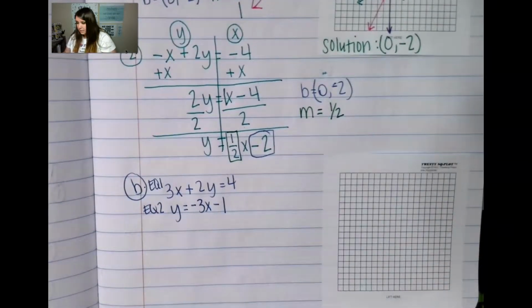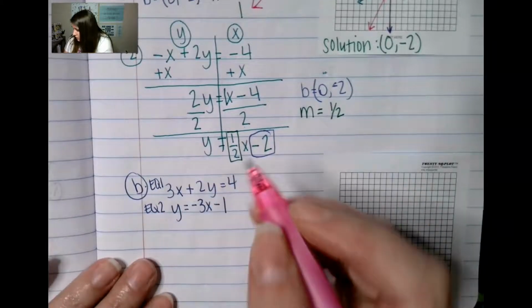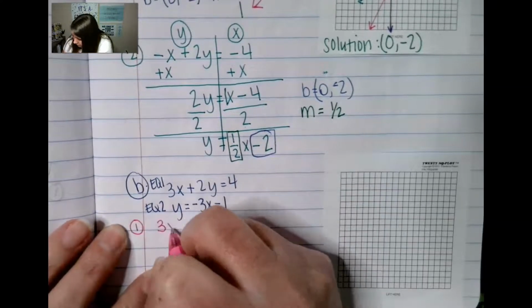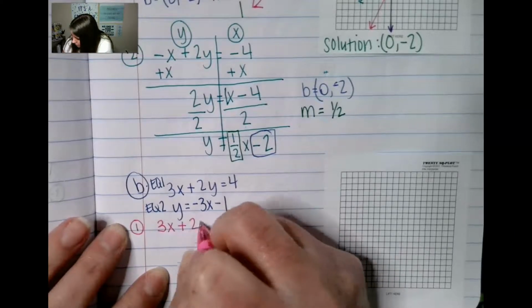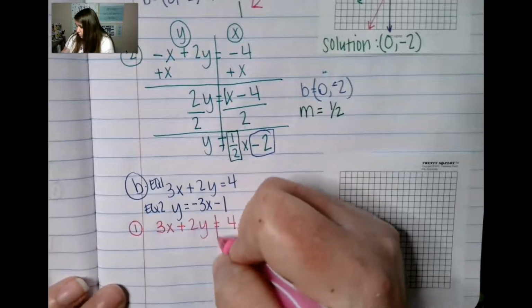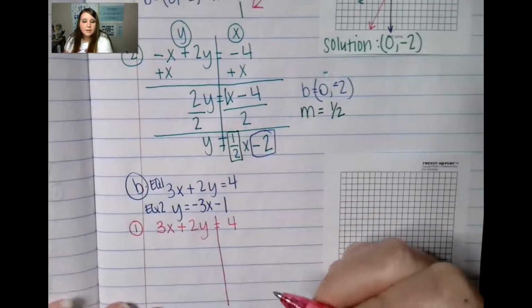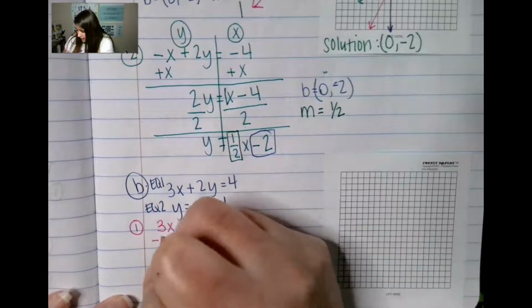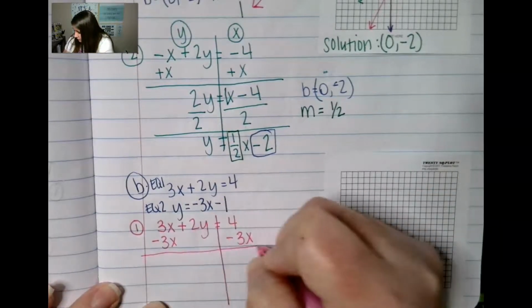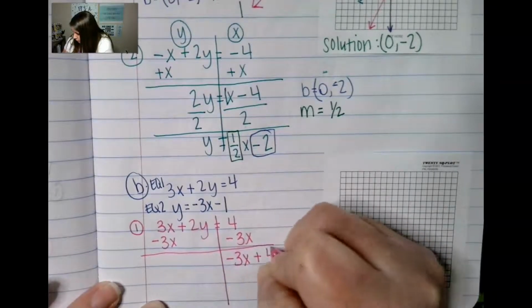Okay, so let's take a look at equation 1. We want to solve for y. So we have 3x plus 2y equals 4. We want y's on one side, x's on the other. Subtract 3x from this side, subtract 3x from here. That gives us negative 3x plus 4.